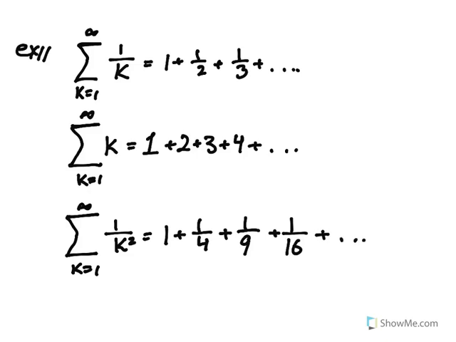Right now we haven't defined what it means for these to equal something. For now, a series is just a formal sum of an infinite sequence of numbers. To define what it means for a series to equal a finite value, we first need to define the partial sum.